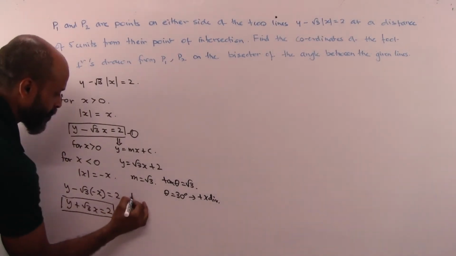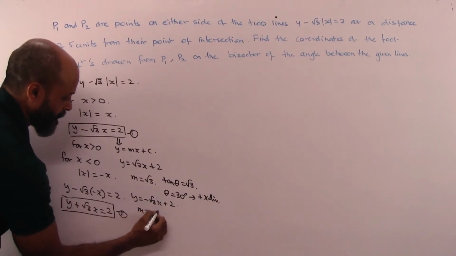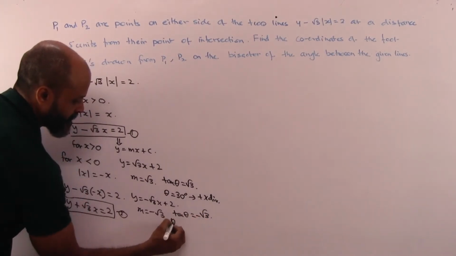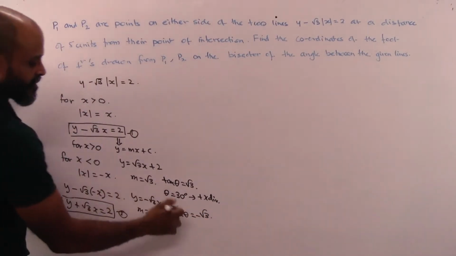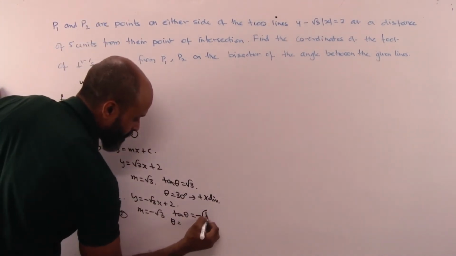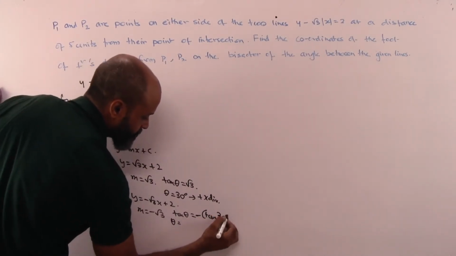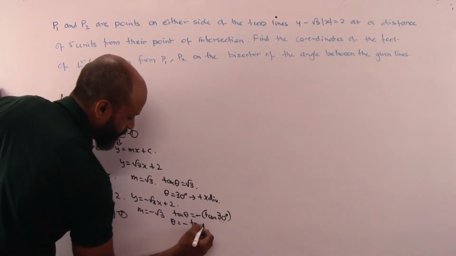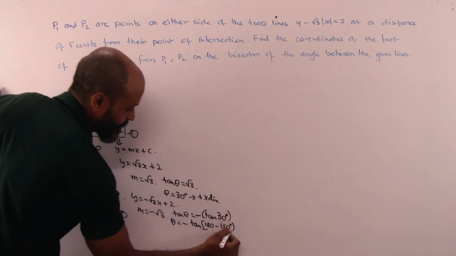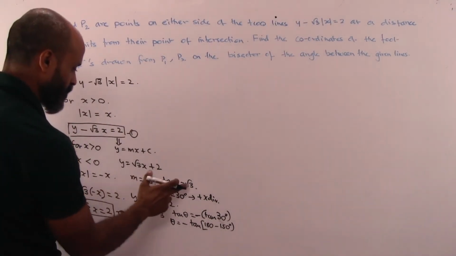Similarly, in this case y = -√3x + 2. So here m will be equal to -√3, so tan θ = -√3.